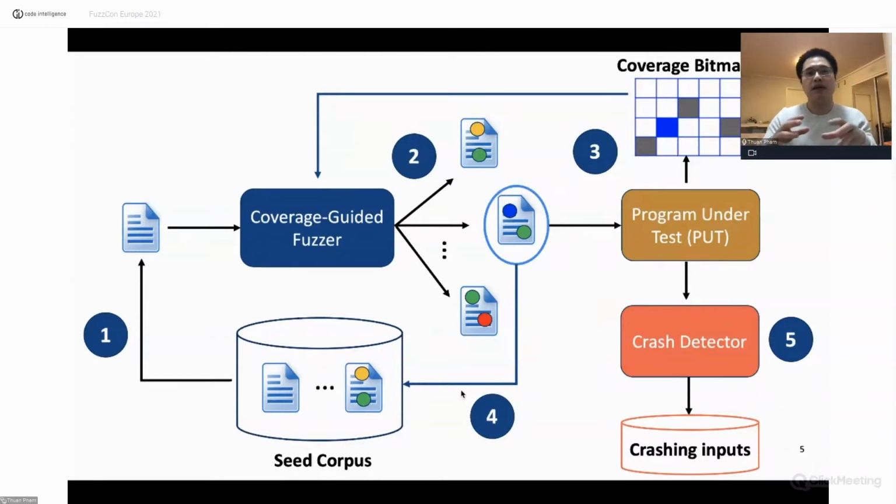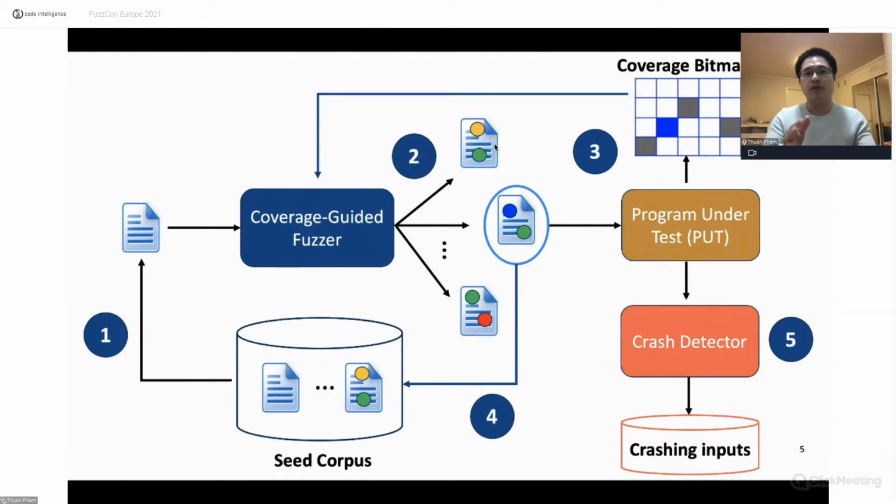Looking at this workflow, in order to improve the performance of fuzzing, we can see that we can improve each step in the flow. For example, we can improve the seed selection algorithm, we can improve the mutation operator, and so on. And we also can improve the result by increasing the number of inputs that we can generate and execute in a specific period of time, say in 1 second.